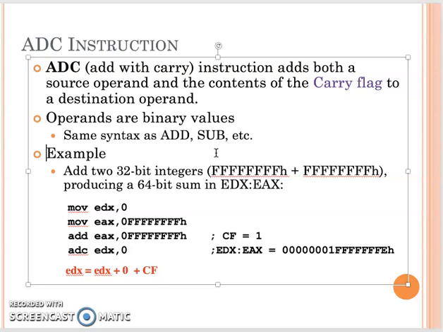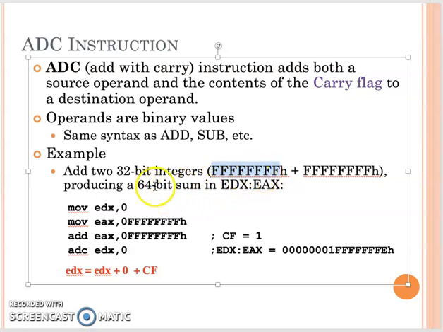So we will see how they work with ADC. For example, here we have two 32-bit integers. They both are the maximum value. Here we just consider them as unsigned integers. When we add them together, definitely one 32-bit operand is not enough, so we need to put the value in more than one 32-bit operand.